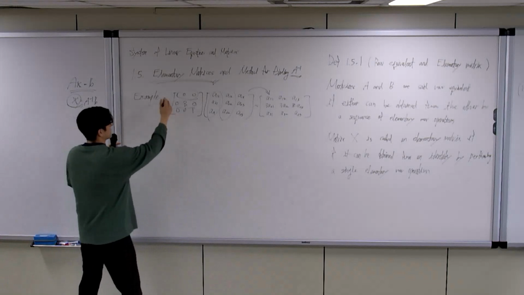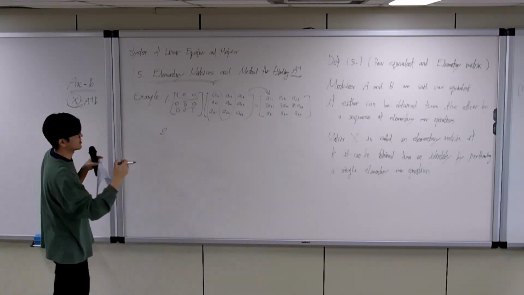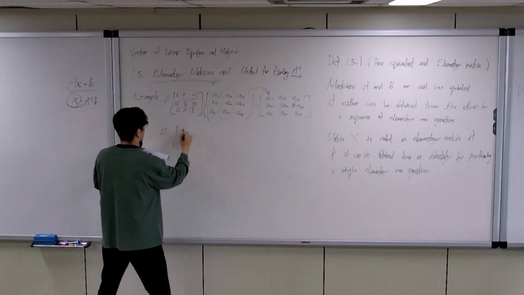So it is the first example of an elementary row operation.